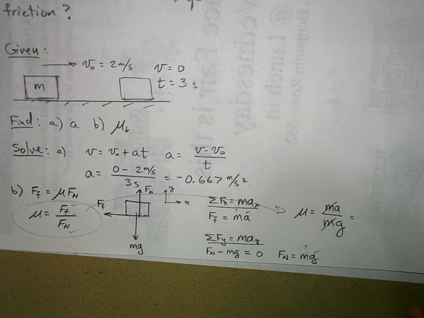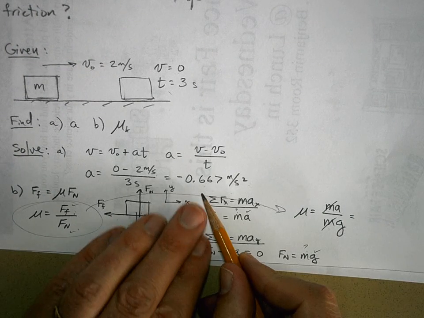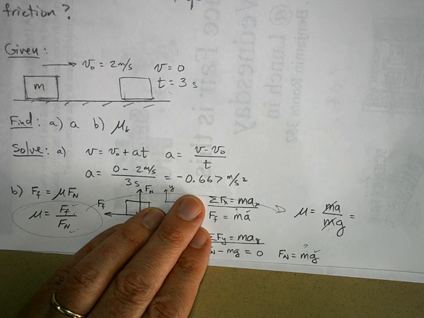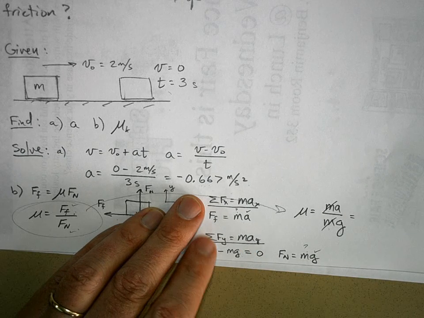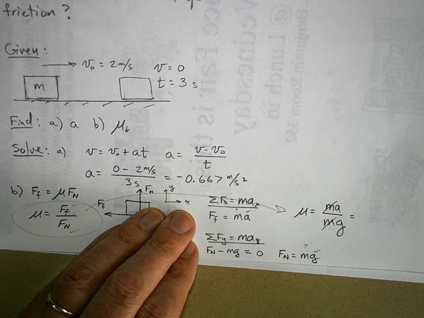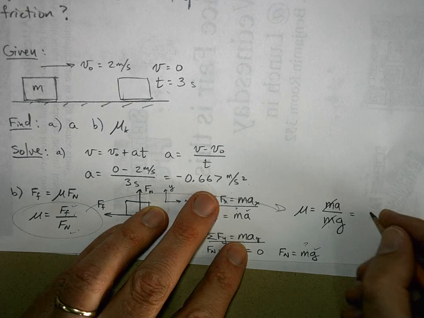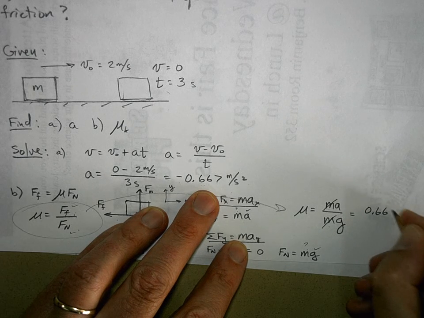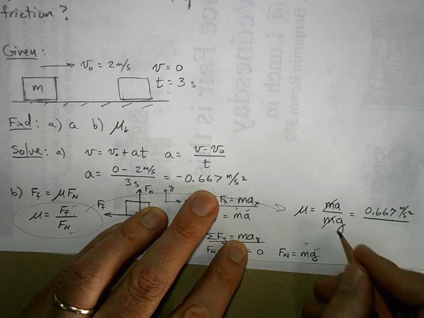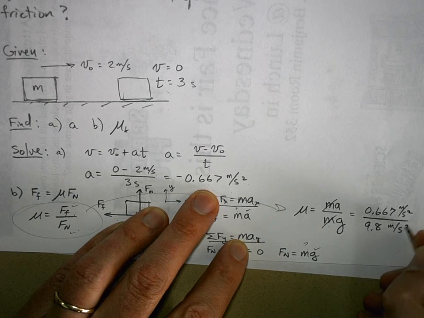So now, the acceleration is negative 0.667 meters per second squared, but when you're dealing with the coefficient of friction, this negative just gives you the direction of the acceleration. You don't need that. So it's really just 0.667 meters per second squared divided by g, which of course is 9.8 meters per second squared.